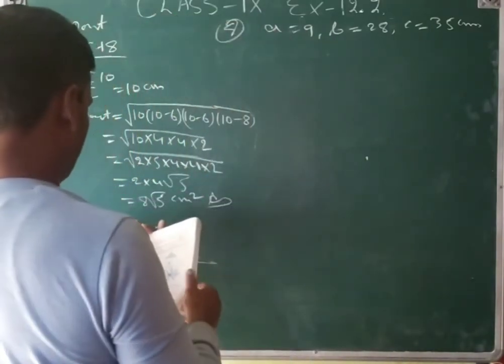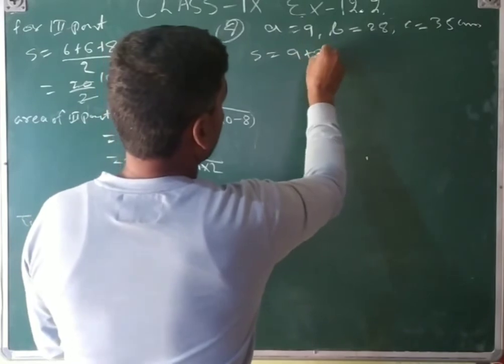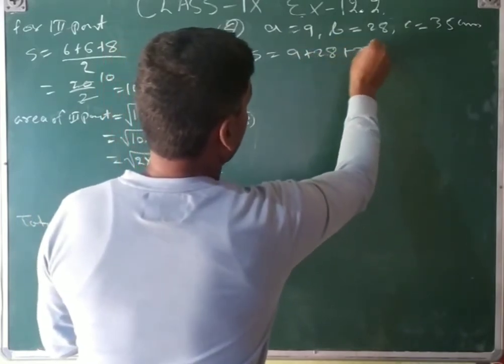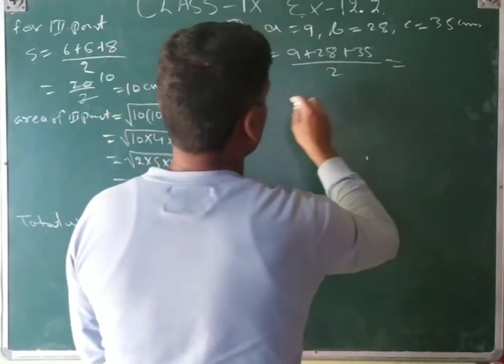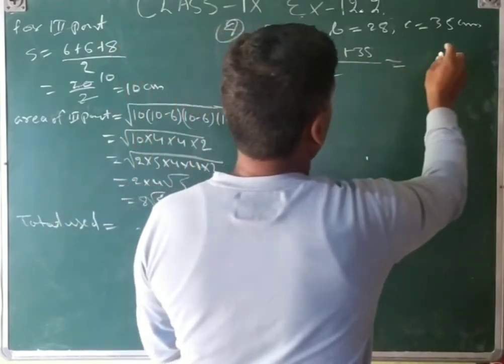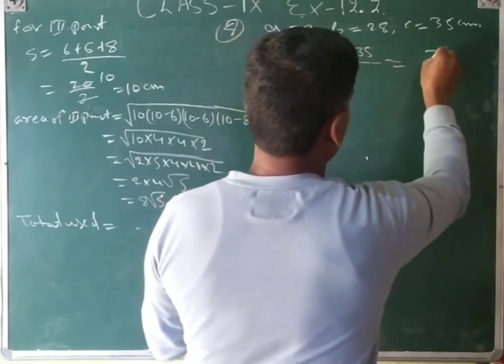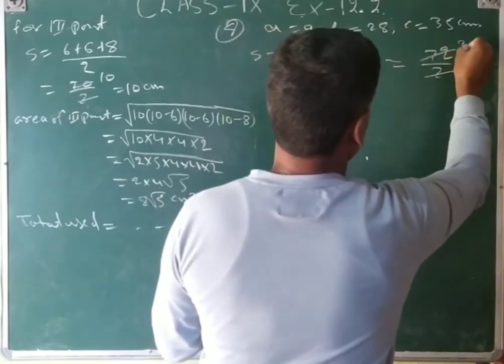These are the given. So S is equal to A plus B plus C upon 2, that is 72 upon 2, that is 36 centimeters.